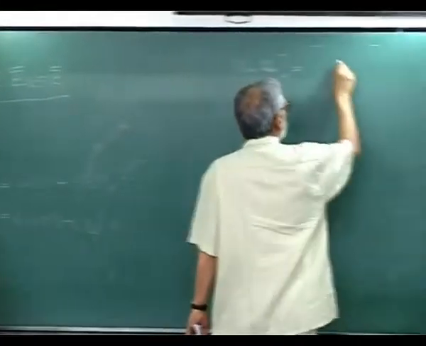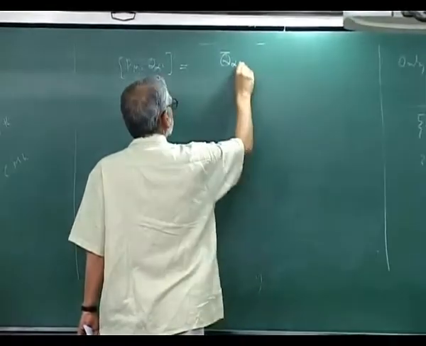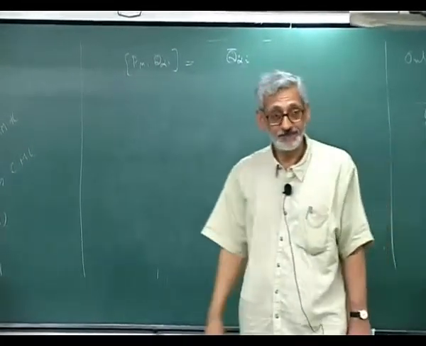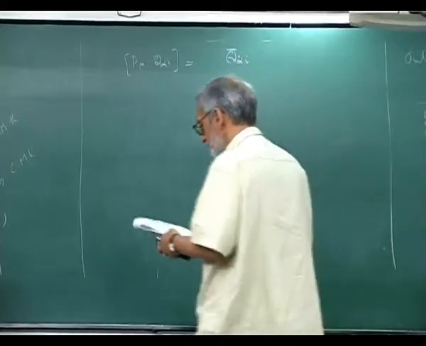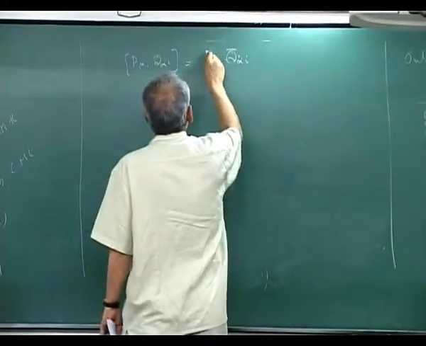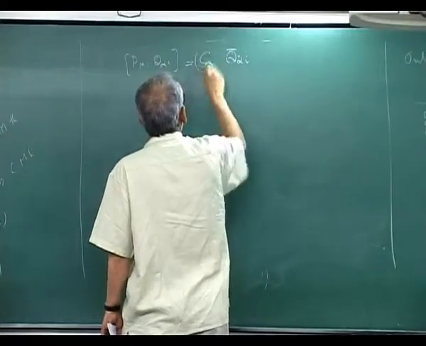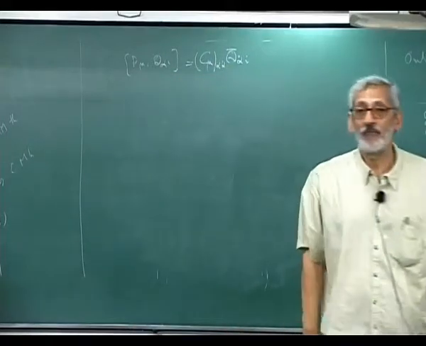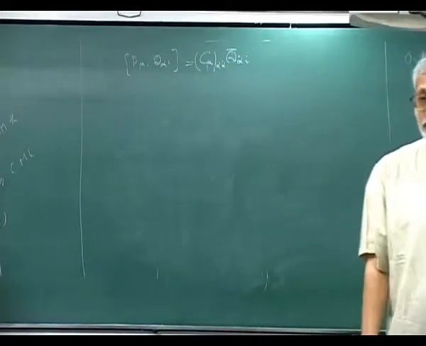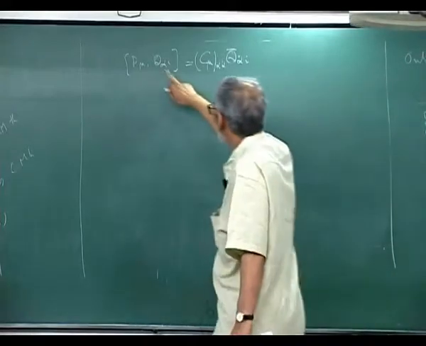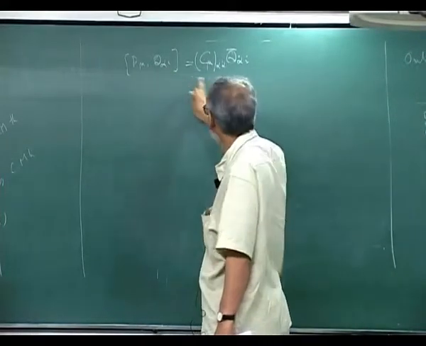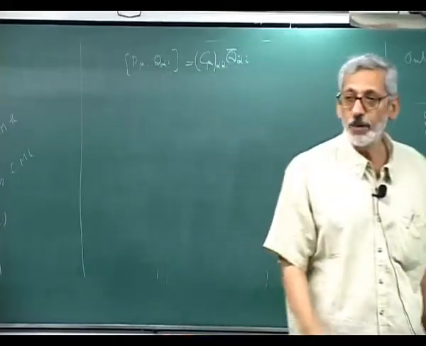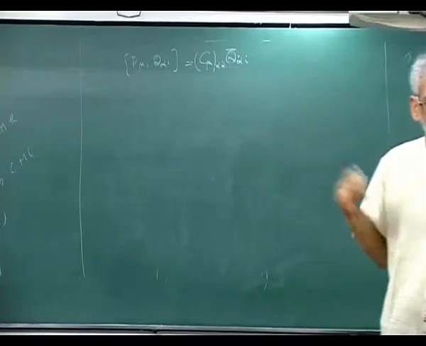So it has to be proportional to Q bar alpha I, alpha dot, times some object which is indexed mu and has spinorial indices alpha alpha dot, so that the alpha here and alpha dot are summed. Call it C mu, some arbitrary object.